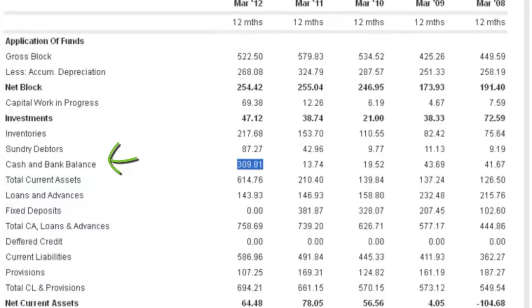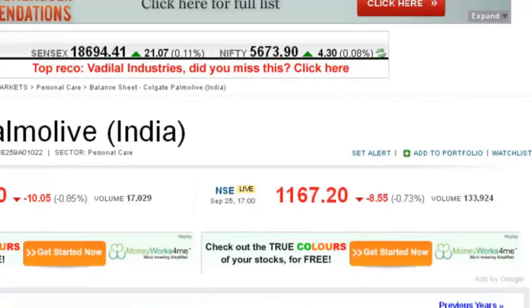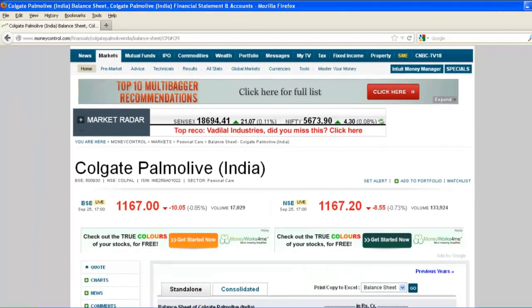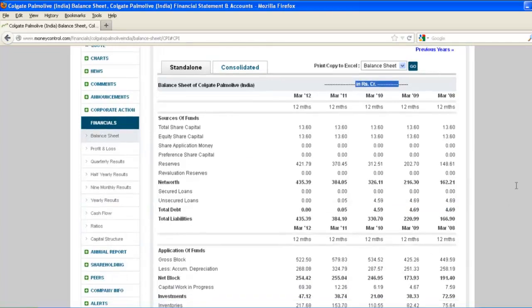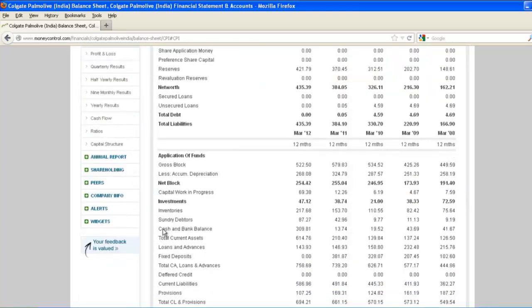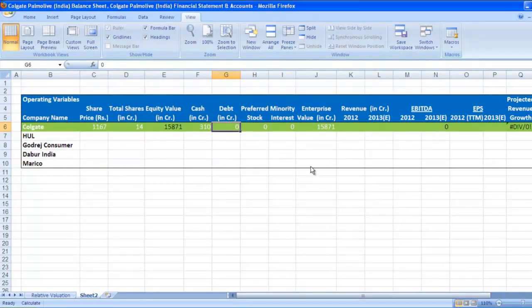Since these figures are in crores, we can take this data as it is. Here it is written, it is in crores. So cash and bank balance is 309.81 crores. 309.81, press enter.